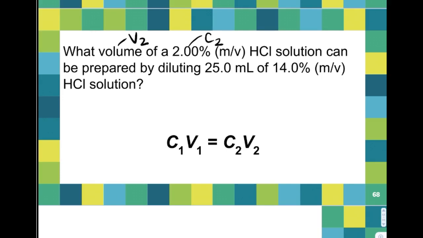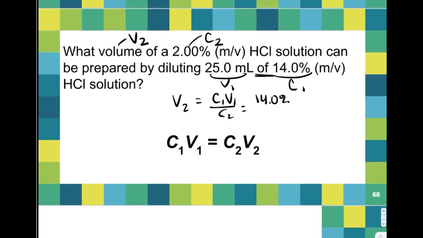My stock solution is 14%, so this is my C1, and this is my V1. Again, it doesn't matter which ones you label 1s and 2s as long as these two go together. I'm solving for V2, so this time V2 is equal to C1 V1 over C2, and I'm going to plug in 14% times 25 milliliters over 2%.